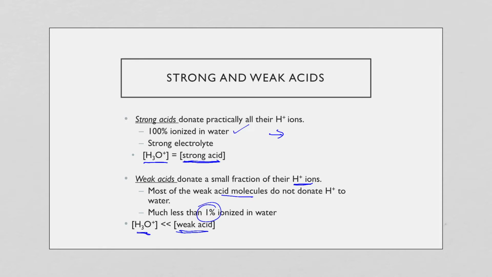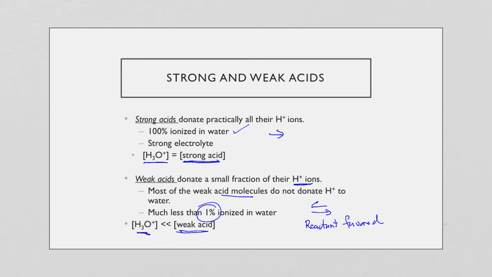So identifying the hydronium ion concentration in these weak acid systems is different. We're going to look at these as equilibrium systems, and they're going to be reactant-favored equilibria, because most of the molecules remain on the reactant side.